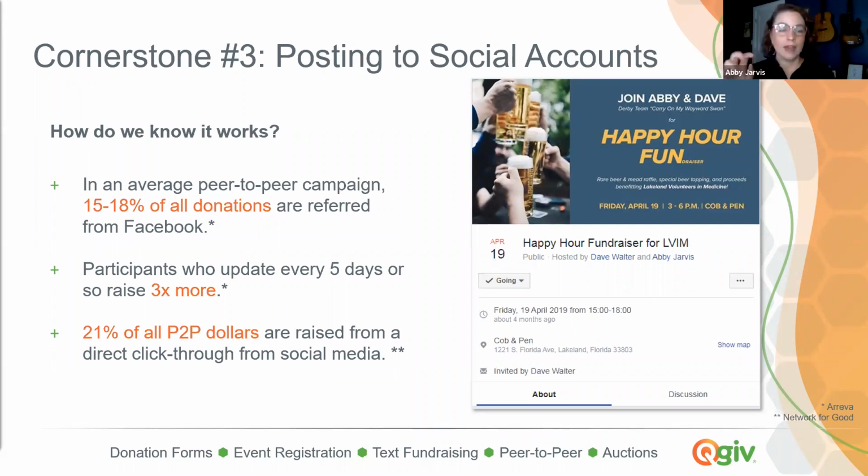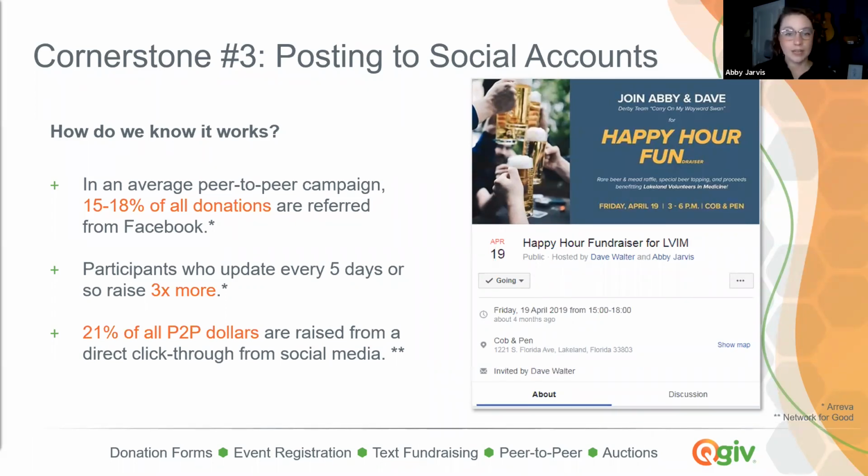In the average campaign, according to Ariba, 15 to 18% of all donations in a peer-to-peer campaign are referred from Facebook. That doesn't mean that they're giving on Facebook. It means that they saw a link from a friend of theirs asking for support, clicked the link, and then made a donation over there.